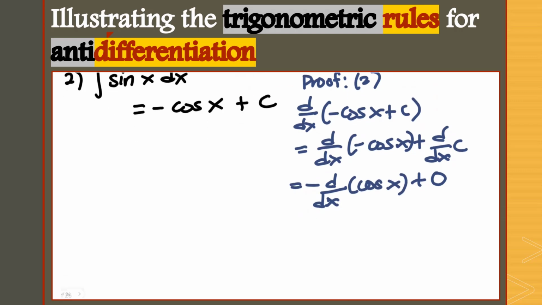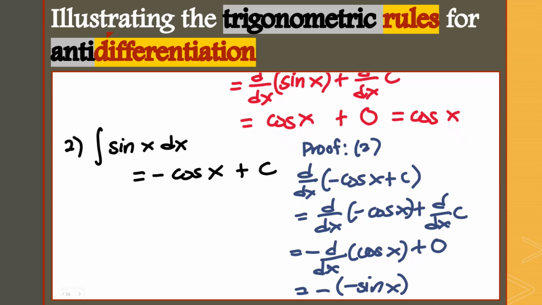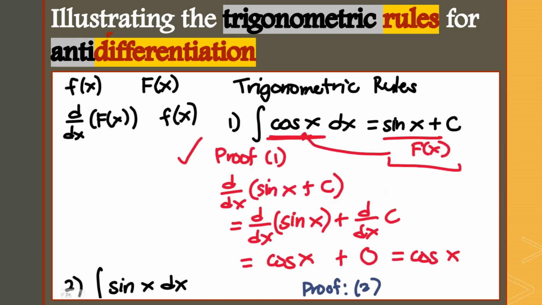We know that the derivative of cosine x is negative sine x, plus 0. Therefore, you will have sine x. So basically, antidifferentiation is the reverse operation of differentiation. That is why the antiderivative of sine is negative cosine, and the other way around, earlier, we have positive.